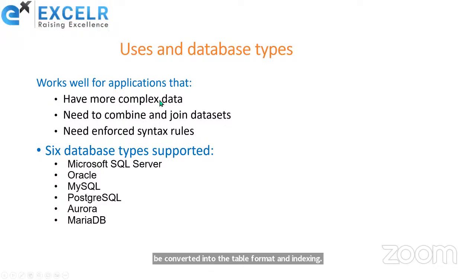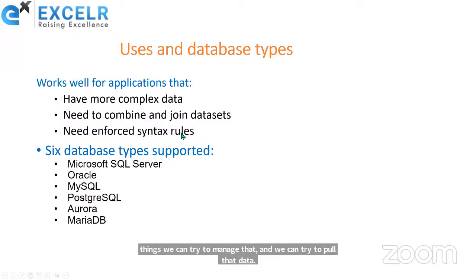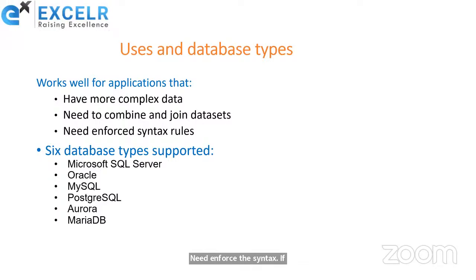Need to combine and join data sets: in SQL terms, we have inner joins, outer joins, and relations from one table to another table, so we can manage that and pull the data. Need to enforce syntax rules: we need proper schema restriction rules that have to be followed when pulling the data from the database.